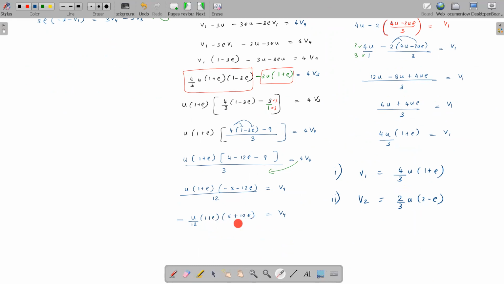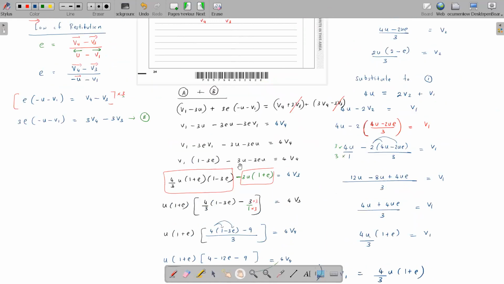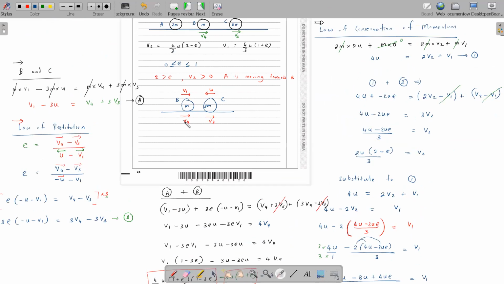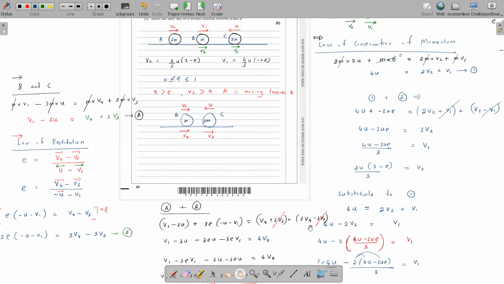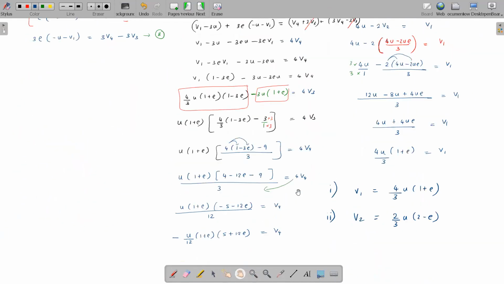Regardless of what you use for e between 0 and 1, the negative sign is going to be there. The negative sign is there because I assumed B is going forward, moving to the right, but I'm getting a negative sign. Definitely this direction that I've used is wrong, which means B is moving in the opposite direction.